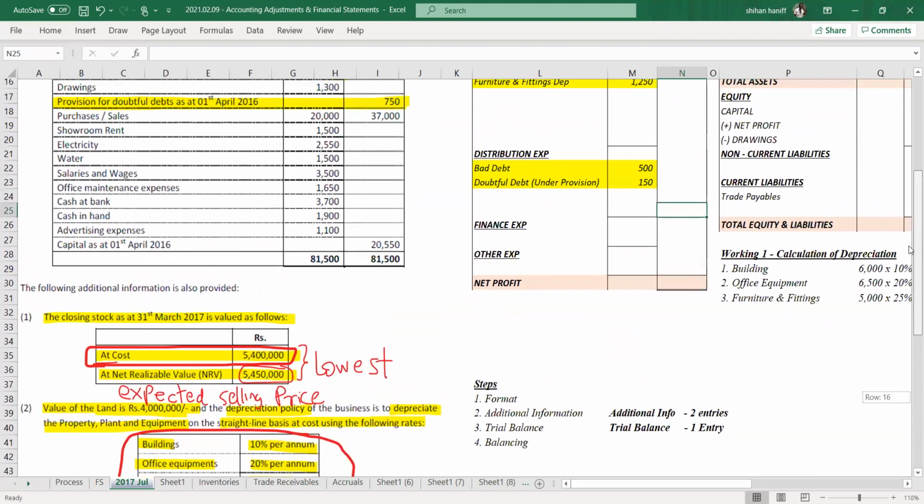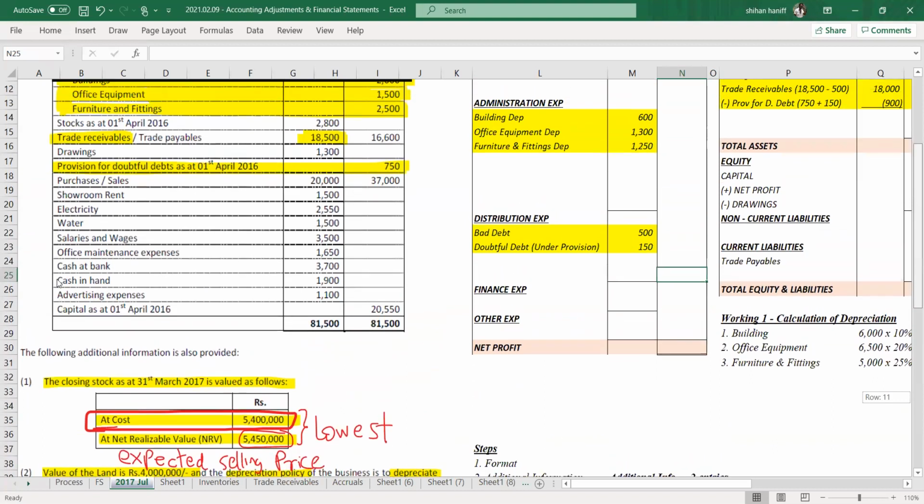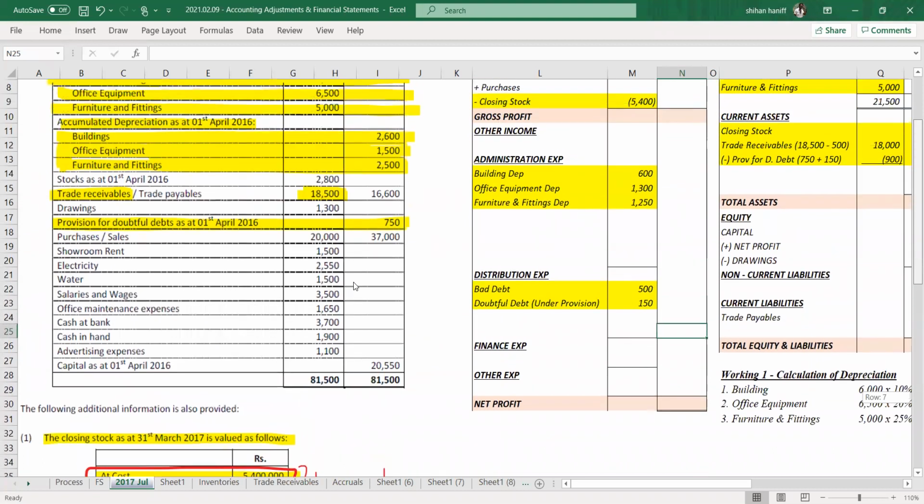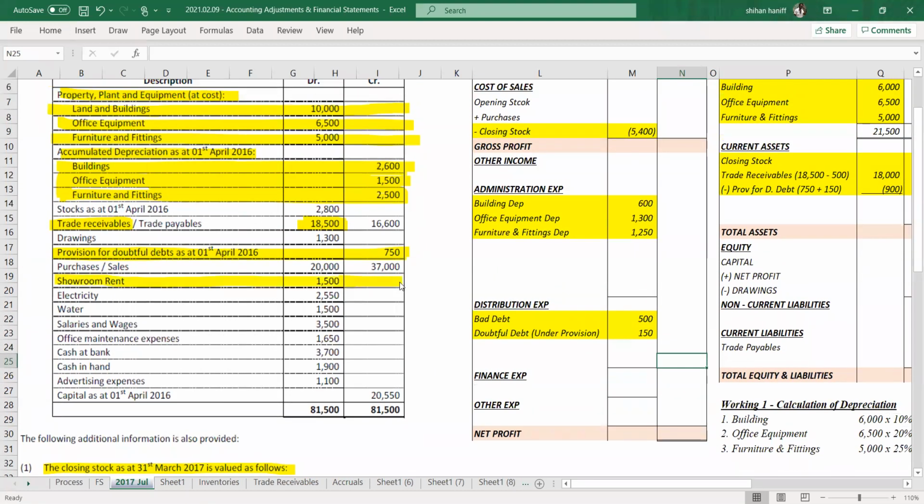And if you check the trial balance, there is a showroom rent of 1,500, 1.5 million paid. Whatever is in the trial balance is the paid amount, which comes from the cash. Remember, the amounts in the trial balance are the cash paid amounts.